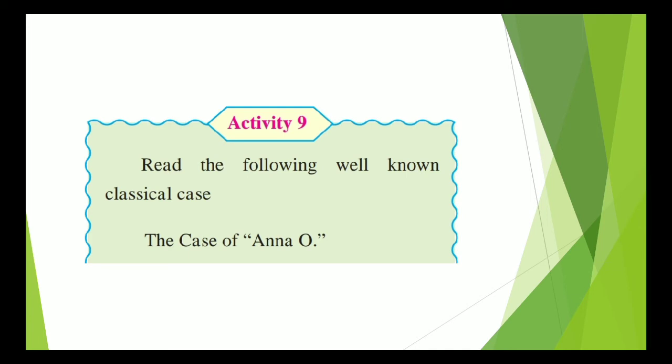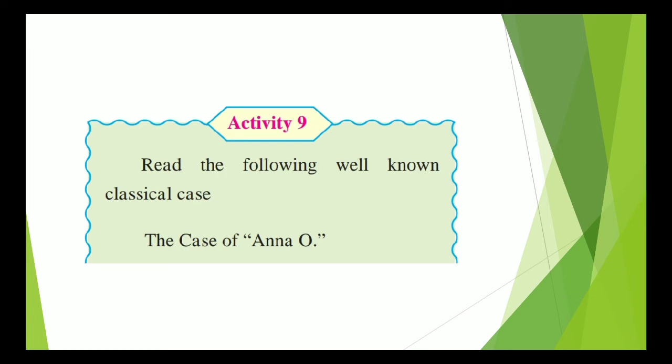So Anna O was a girl who developed a habit wherein she was not able to consume any water or any kind of liquid. After hypnosis done by Freud, it was found out that Anna O had recently gone to her neighbor's place or something, and there she saw a dog drinking water from a glass.